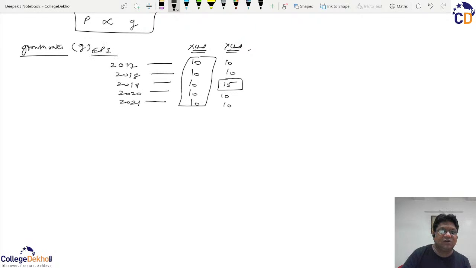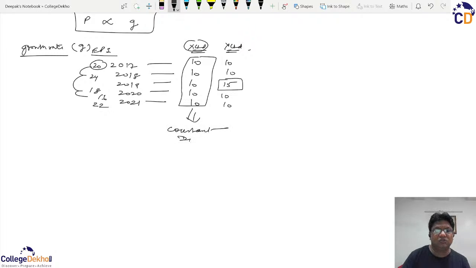If I also give the data of earnings per share, let's presume it was 20, 24, 18, 16 and 22. So whether the EPS increases or decreases, the company may distribute a similar dividend. So we say that the company is following a constant dividend regime.